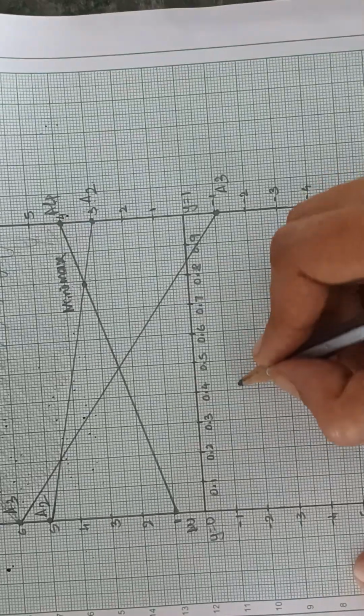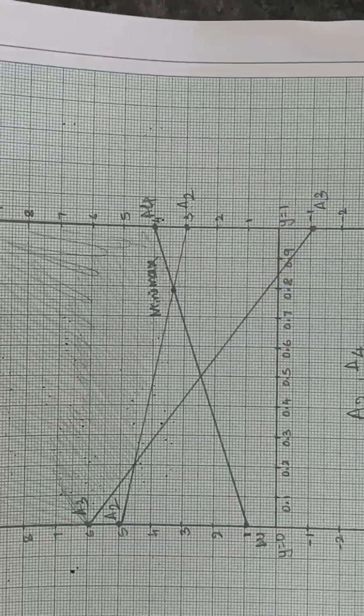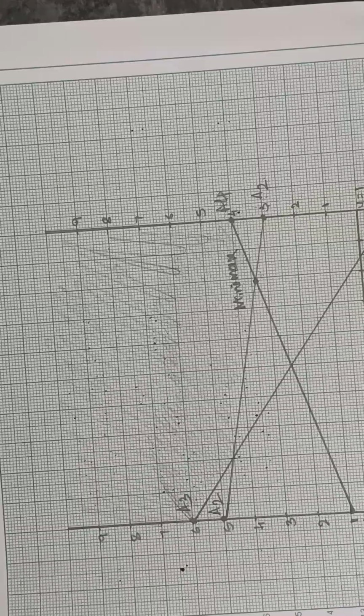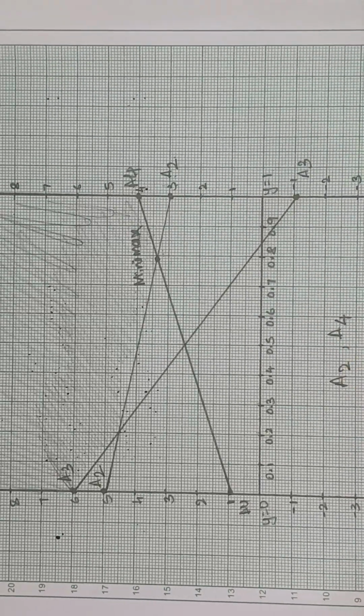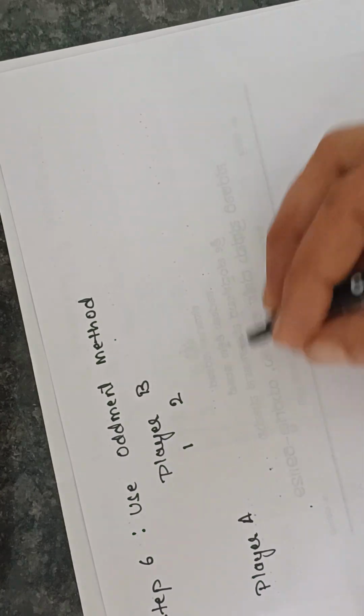Once we are able to find out the two optimal strategies, the next step is to find the probabilities. For that we need to use the oddments method. So with these two strategies, along with the two strategies of player B, we are proceeding to the oddments step. So let us use the oddments method and try to find out the optimal strategy. So let's see how to do it.